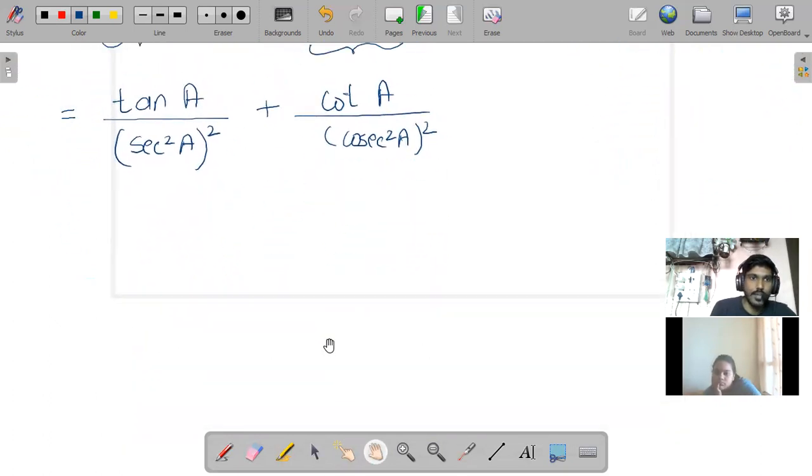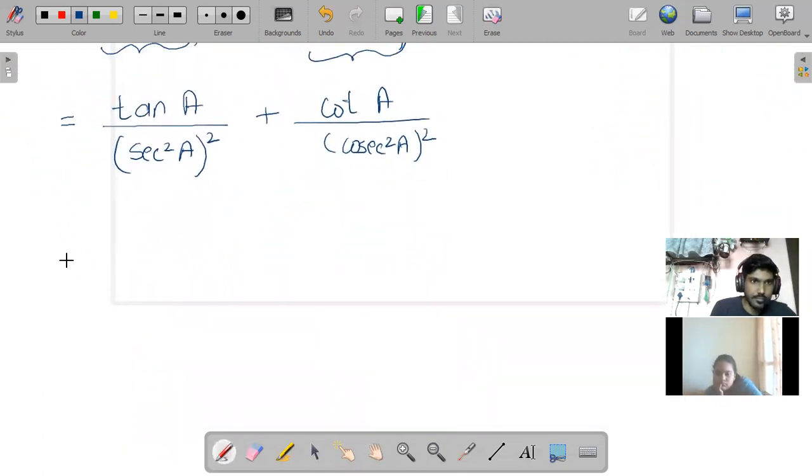Okay. Now here tan, you write it as sine upon cos. So this will become sine A upon cos A. Okay, wait, before that, we write this tan A as it is, tan A upon sec square A, the whole bracket square.